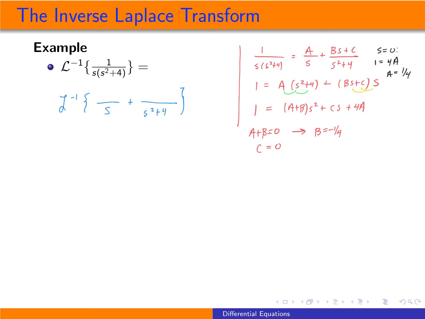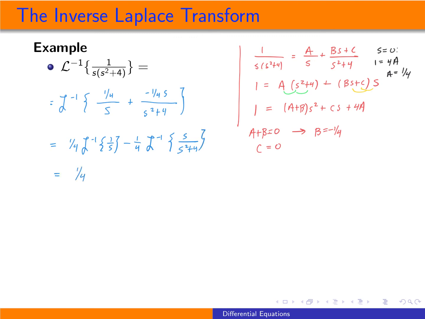So our partial fraction decomposition is, we can rewrite the function whose inverse Laplace transform we would like to find as a over s plus bs plus c over s squared plus 4. c is 0, so we have a minus 1/4 s over s squared plus 4. So if we break this up and pull out constants, we have 1/4 the inverse Laplace transform of 1 over s minus 1/4 the inverse Laplace transform of s over s squared plus 4.